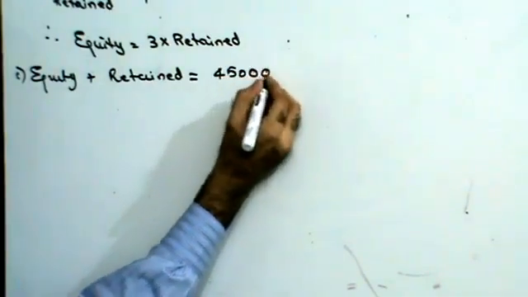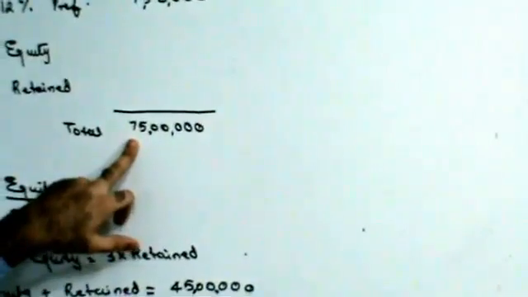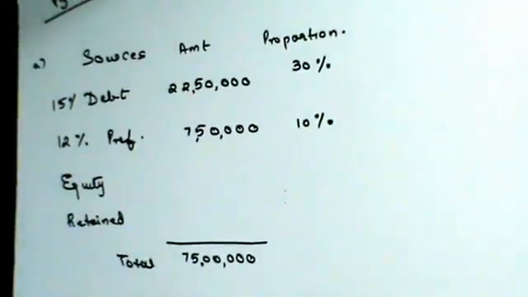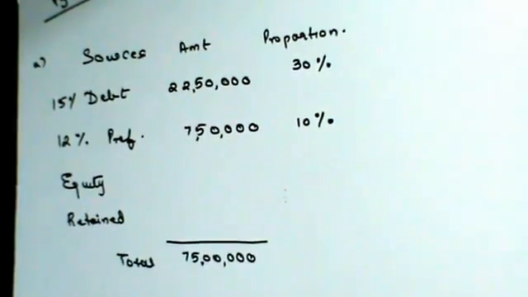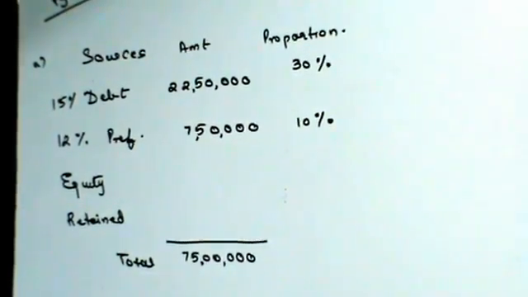Everyone's understood how I got the 45 lakhs, guys? I'll explain this once again. Total is 75 lakhs, out of which 22 lakh 50,000 is debt, 7 lakh 50,000 is preference. 22 lakh 50 plus 7 lakh 50 is nothing but 30 lakhs. 75 lakhs minus 30 lakhs, that leaves you with 45 lakhs.